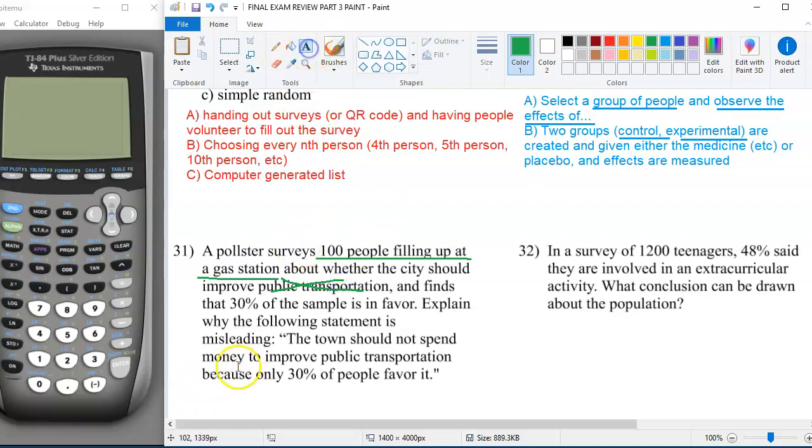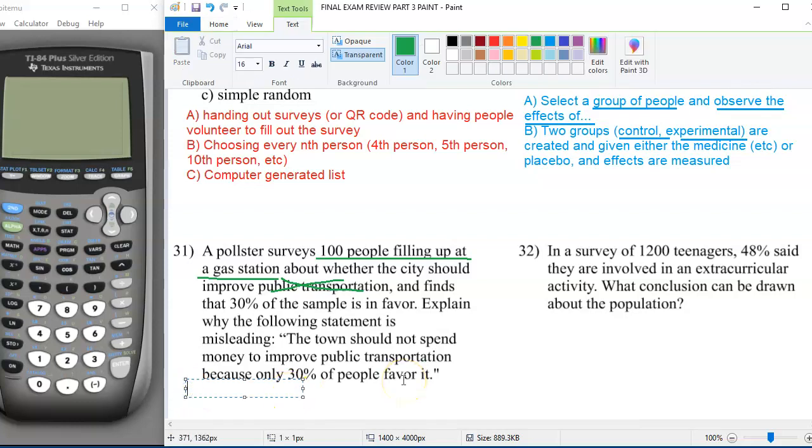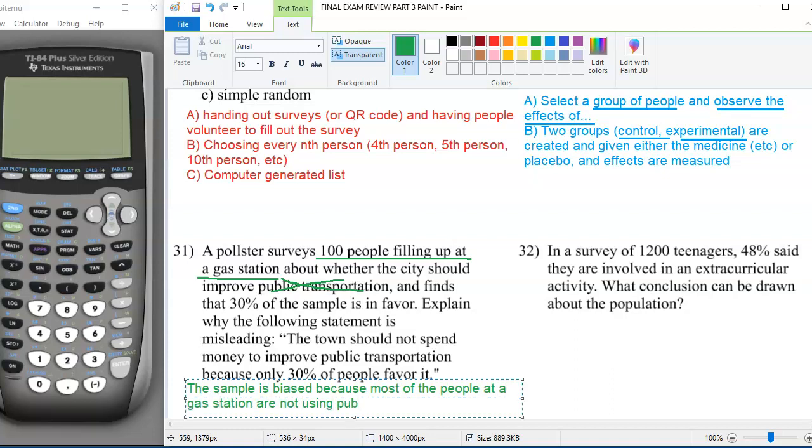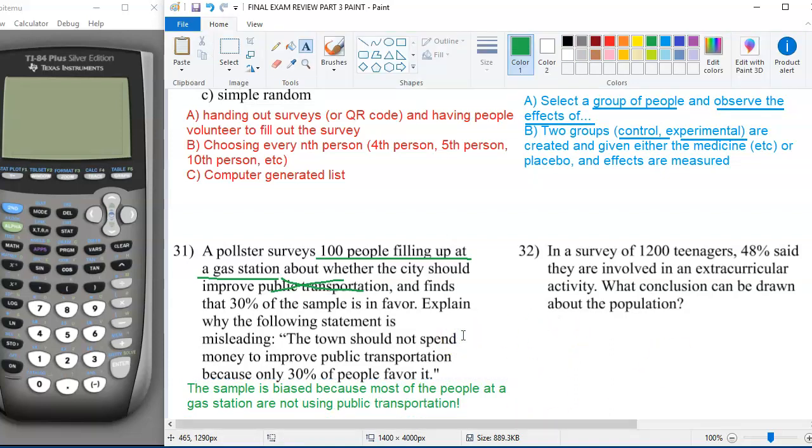Oh my goodness. Okay, so the sample is biased because most of the people at a gas station are not using public transportation. You should be surveying people all over the city.